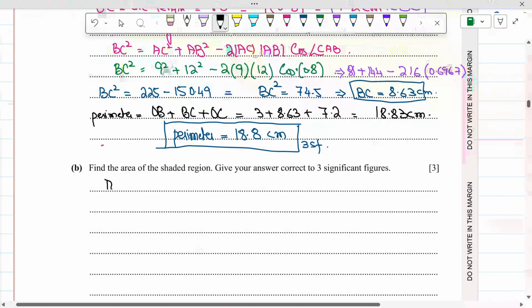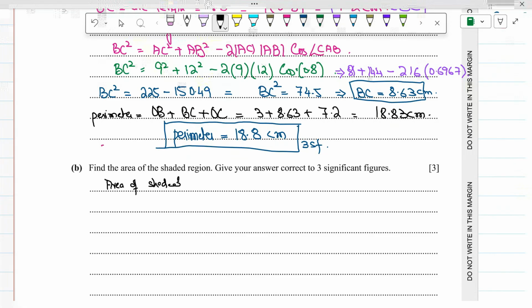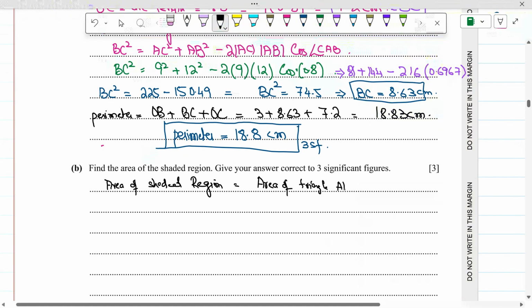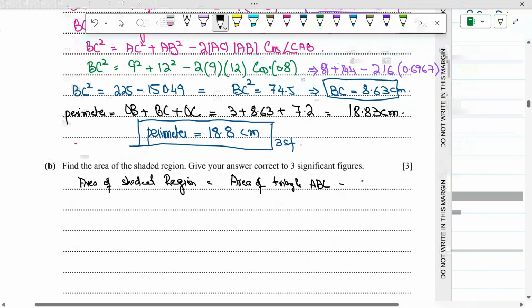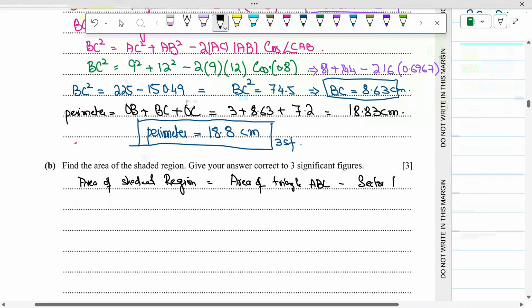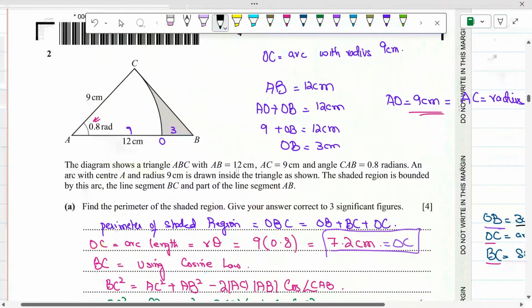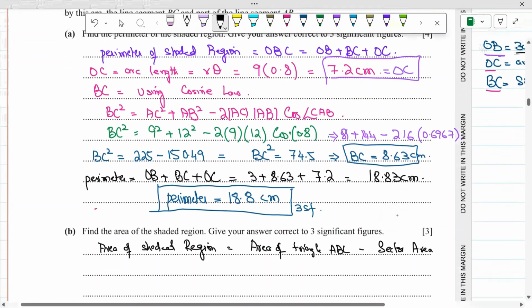So area of shaded region is equal to area of the triangle ABC minus sector area, which is AOC.